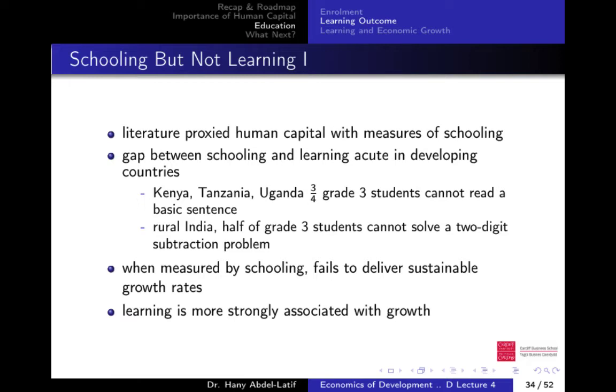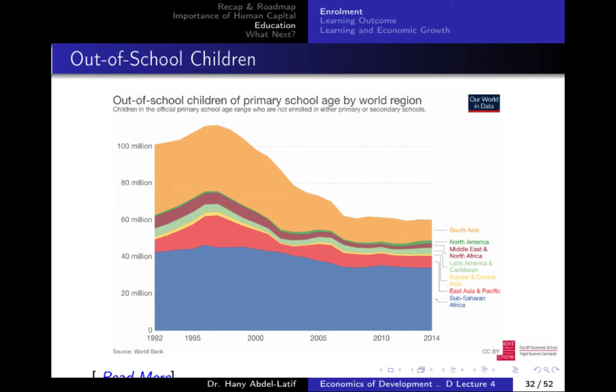In terms of enrollment, yes, so much work has been done to put more children in school, and this is very clear here. The number of children out of school is declining over time since 1992 till today, and it's still improving.